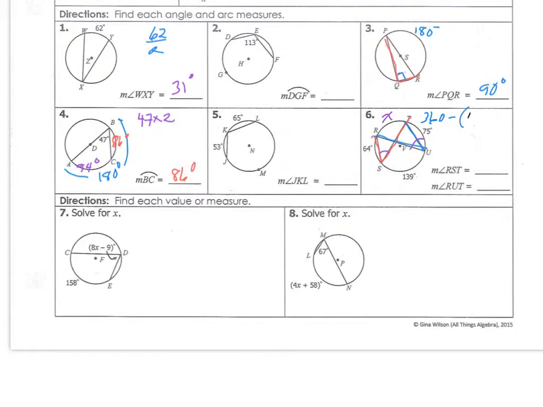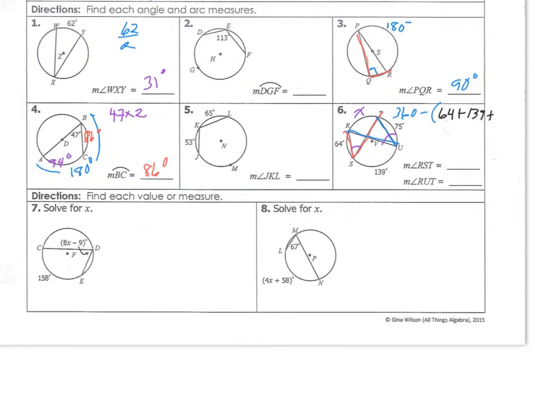So 64 plus 139 plus, I'm going to move this over a smidge, 75. So that means that x is equal to, what do we get?